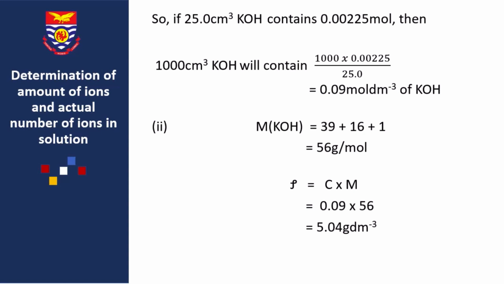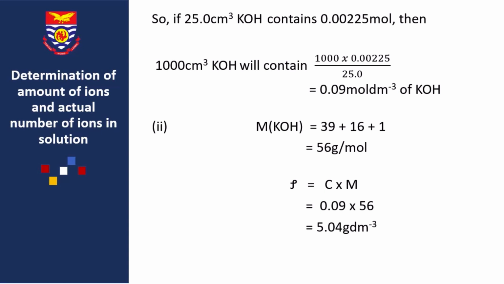Now, the second part was to find the mass concentration of the potassium hydroxide. But once we know the amount concentration, the rest becomes easier. To get the mass concentration, we need the amount concentration and molar mass.